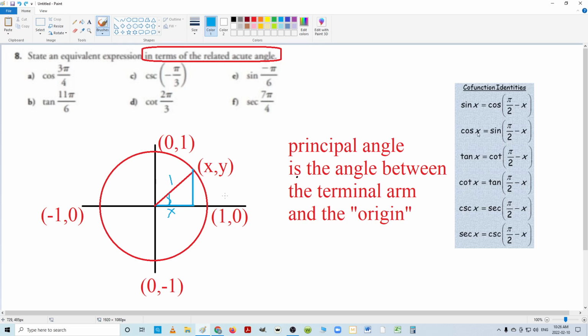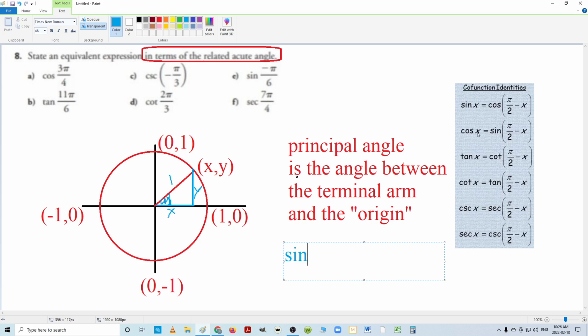Now here's where SOHCAHTOA comes in. SOHCAHTOA says that the sine of this angle, now keep in mind that this height right here is y, is equal to the opposite over the hypotenuse. But also keep in mind that our hypotenuse is 1 over and over again, so we don't even have to include that division by 1. That means our sine is equal to our opposite side divided by 1, or just our opposite side.